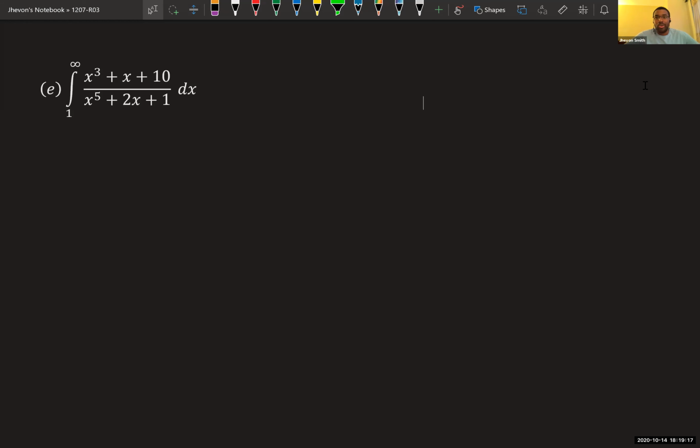They fall out. So if we look at all of these power functions individually, x cubed, x to the 5th, 2x, 1, and 10, when we're going off to infinity, in the numerator the x and the 10 are completely irrelevant. You can pretty much ignore them because the x cubed is going to be the dominating power in the numerator. If you look at the denominator, the dominating power is going to be the x to the 5th because our x is going off to infinity.